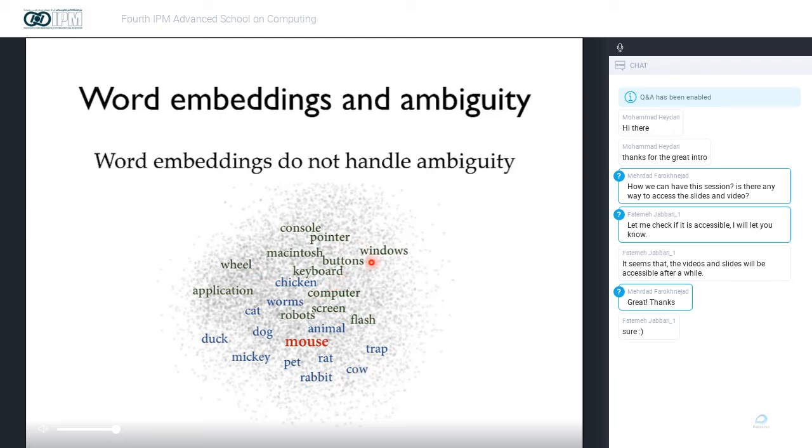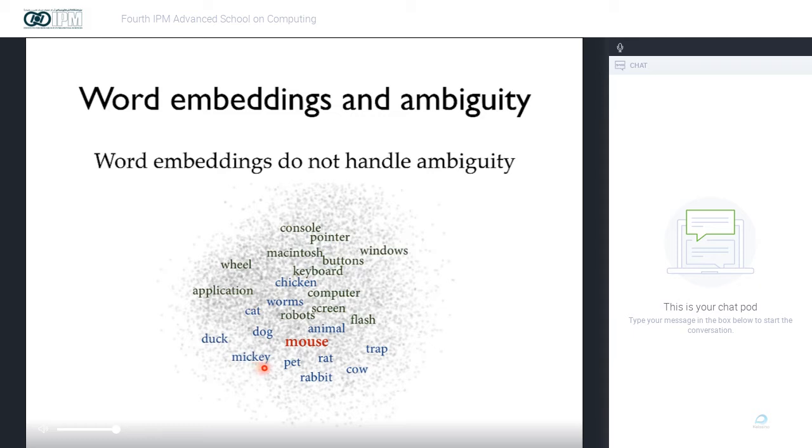And there are many other words that are related to the other computer-related meaning, like the keyboard, buttons, application, computer screen, and robots. The main problem here is that you are putting together words, the green words and the blue words, in the space that are not really related to each other. In fact, due to having an ambiguous word at the middle, you are placing unrelated words in the proximity of each other, which is an unwanted thing in the semantic space.